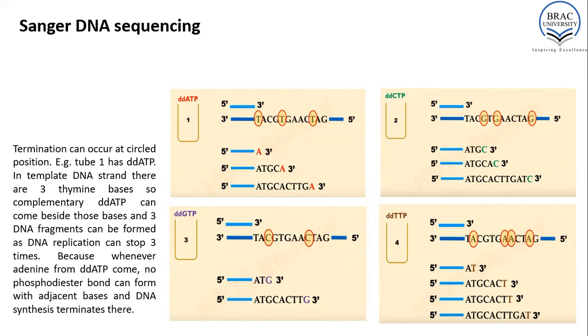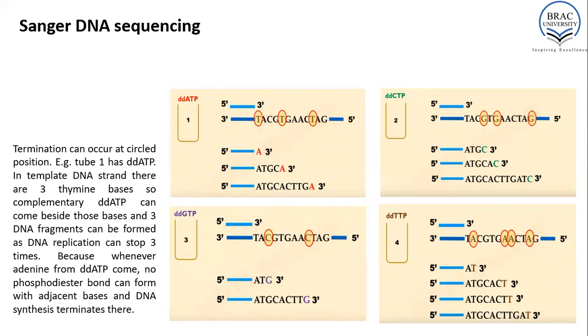So they can join together, but whenever there is a thymine, then an adenine needs to be added. But because this is a dideoxyadenine, after this one the reaction is terminated.